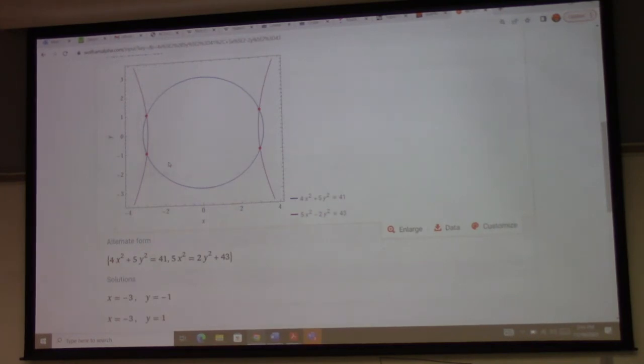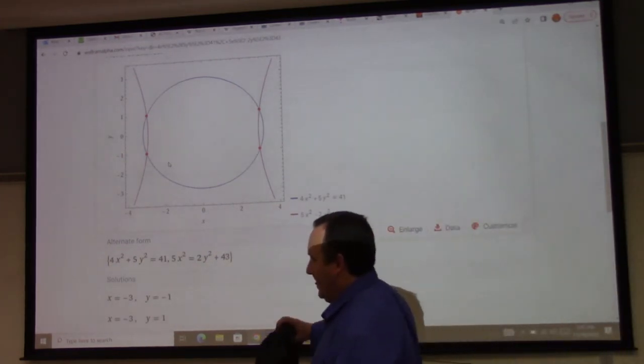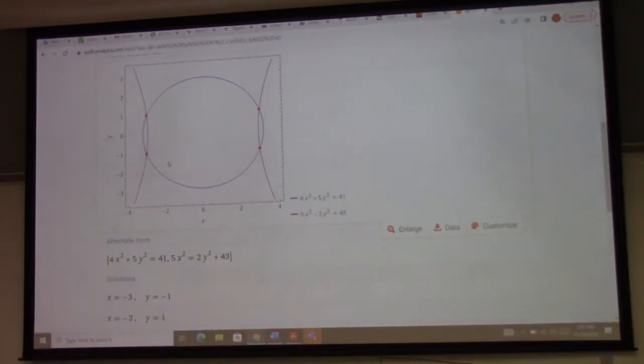Let's see here. What else we got? Number 29. I'll see what number 29 is. I'll do that one over here for a change of pace. So number 29 is, this time we're up against 3x squared plus 3y squared equals 39, and 9x squared plus 9y squared equals 78.